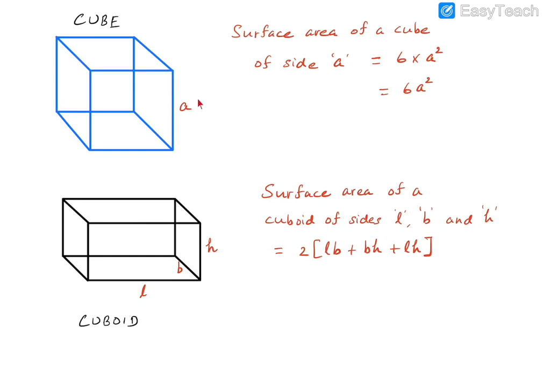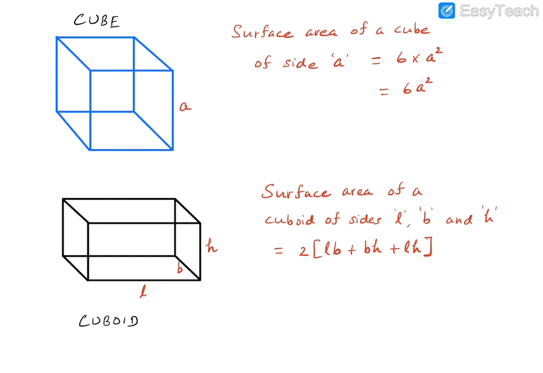A cube having a side of length A means that all its edges are of length A. So each face of the cube has an area of A square, because the area of a square is A into A.